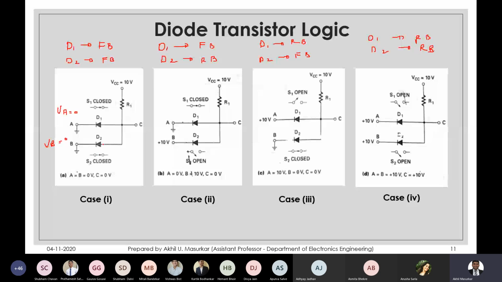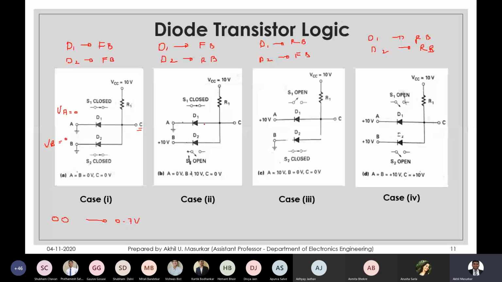Now, if you look at case 1, that is when I give 0, 0, both the diodes are on. So the voltage at the output is going to be the voltage across the diode, that is 0.7 volts.